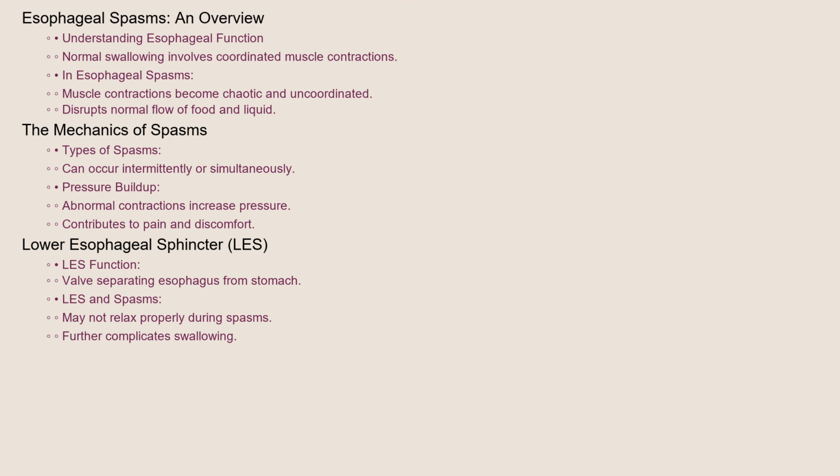These spasms can occur intermittently or simultaneously along the esophagus, disrupting the normal flow of food and liquid. The abnormal contractions can lead to a buildup of pressure within the esophagus, contributing to the pain and discomfort associated with the condition. In some instances, the lower esophageal sphincter, the valve that separates the esophagus from the stomach, may not relax properly, further complicating the swallowing process.